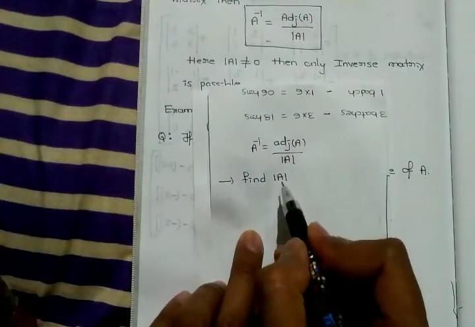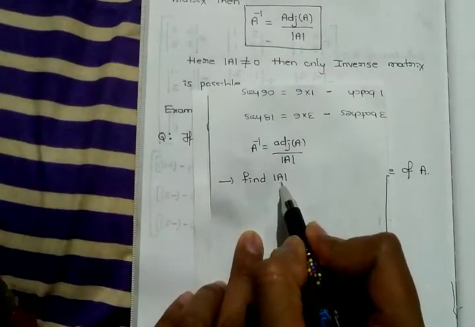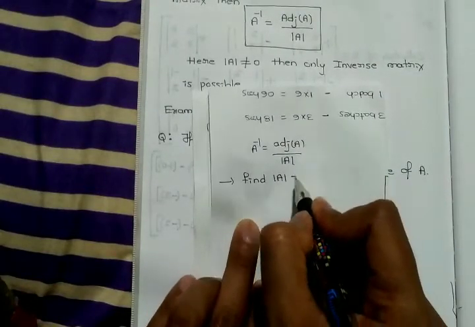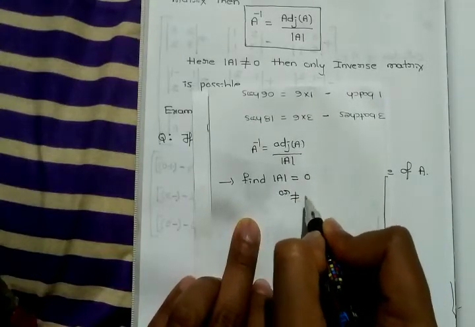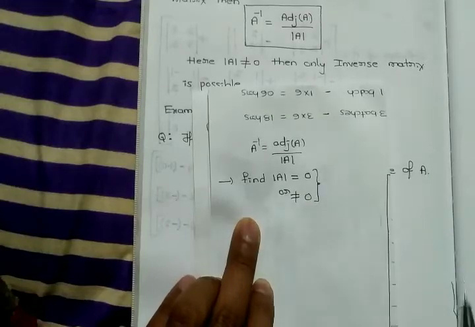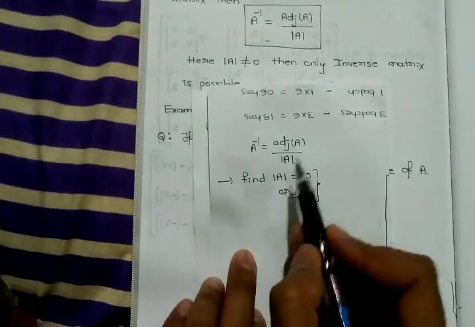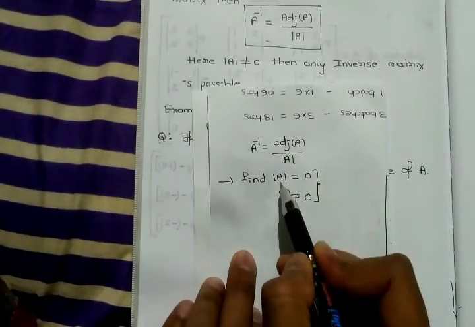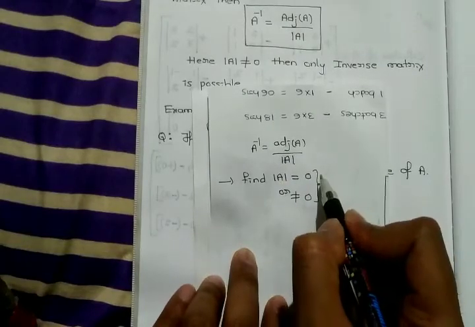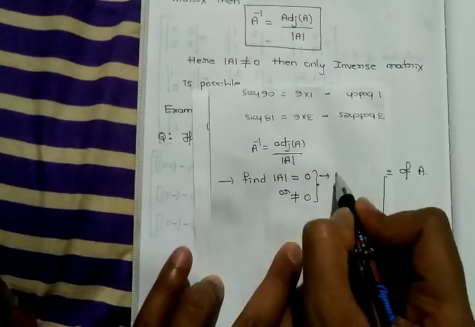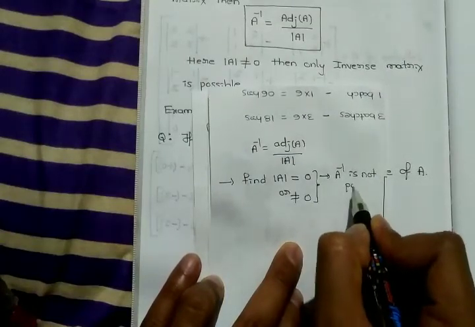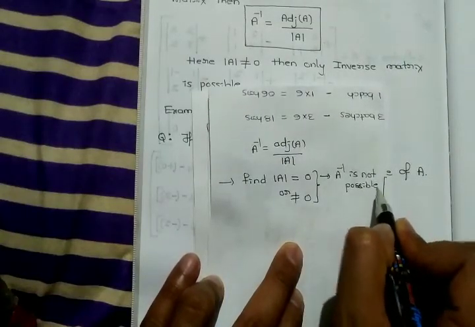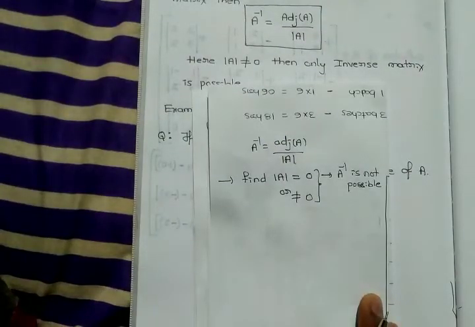You have to check whether this determinant of A value is 0 or not equal to 0. This condition you have to check first. Suppose this determinant of A value is 0, then directly you have to write, A inverse is not possible.